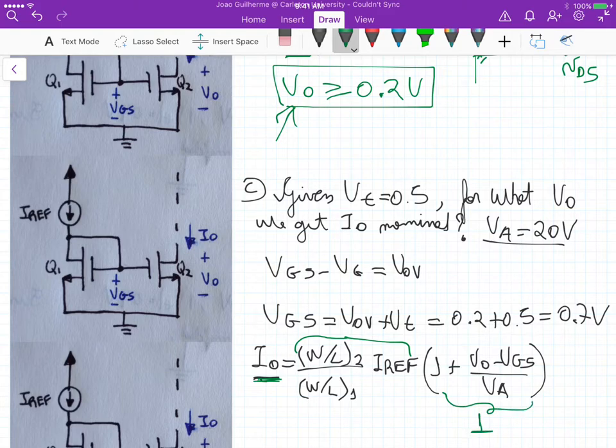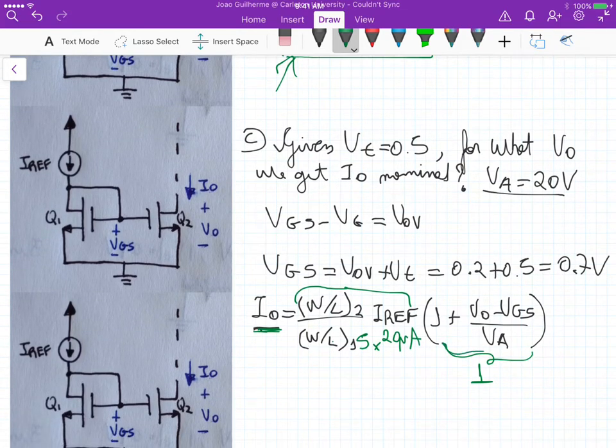Then we have the I reference, which is 20 microamperes, times the ratio of the aspect ratios, which is 5, and that gives us the nominal current. For this to be true, this factor must equal 0. VA we know is 20 volts, so we need V out minus VGS equals 0.